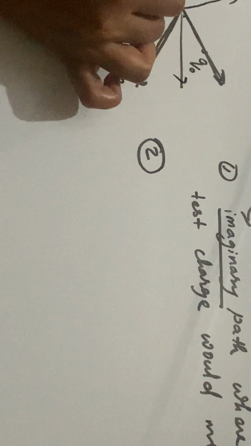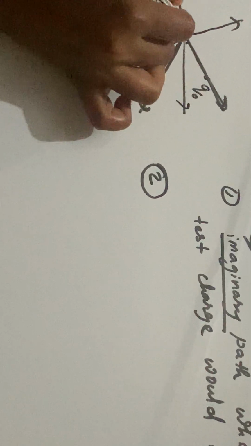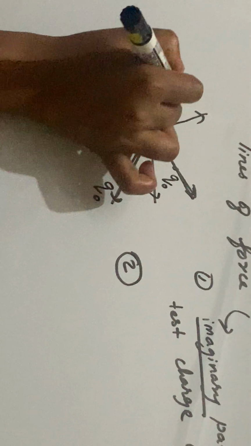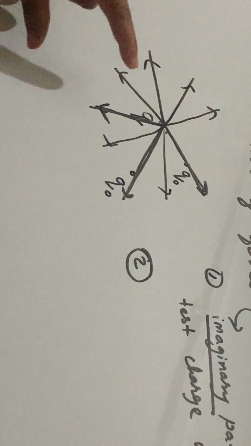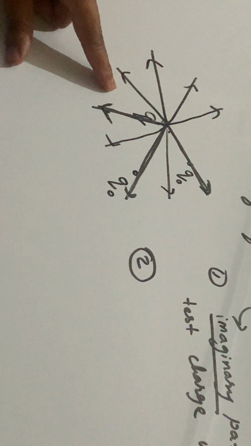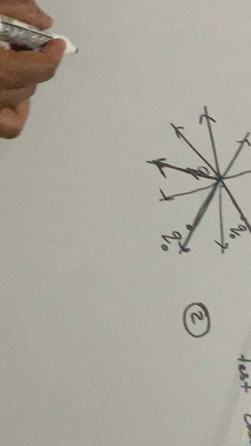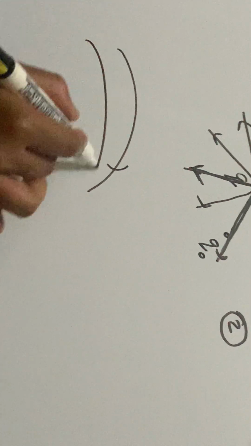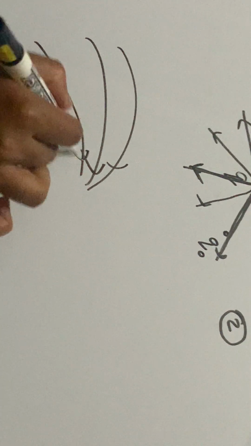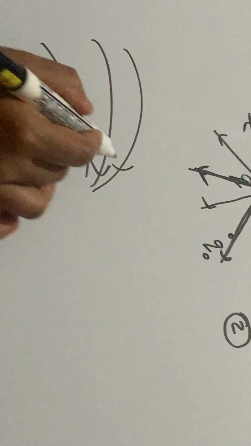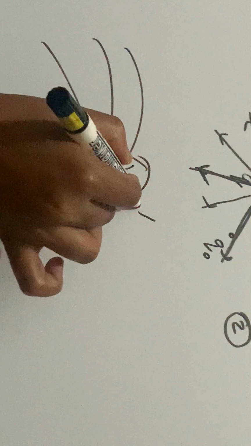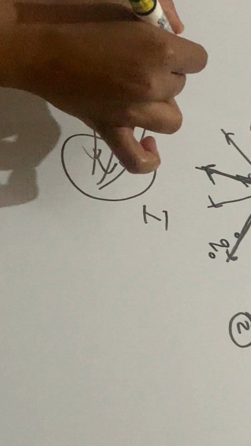If the field lines are close, it means the electric field is strong. Suppose I have made a tooth-like picture, and the field lines are like this. Now I have made two regions, let's say this is region number 1 and this is region number 2.